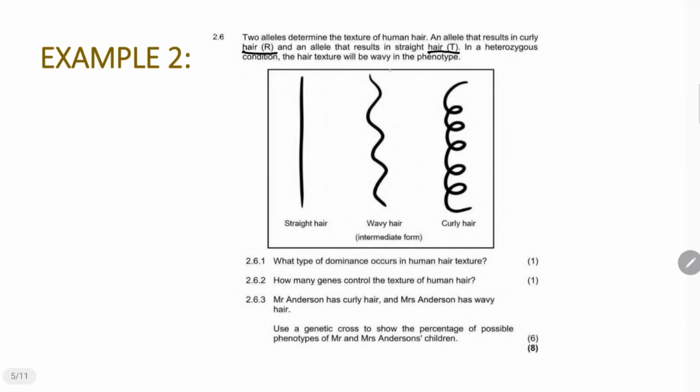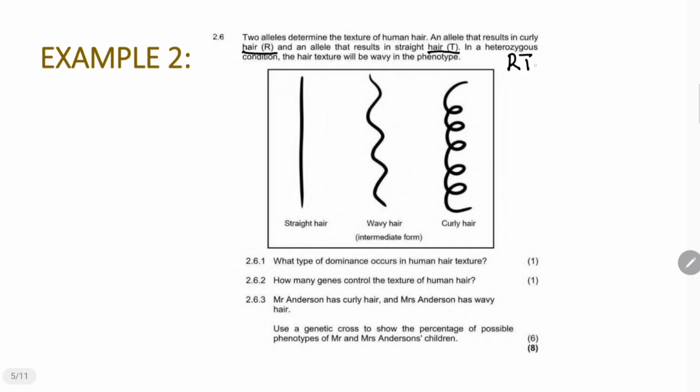Let's analyze this statement. So curly hair is controlled by capital letter R, and straight hair is controlled by capital letter T. And they are saying that in a heterozygous condition, it is going to be RT, right? So this is a genotype consisting of an allele controlling curly hair and an allele controlling straight hair.